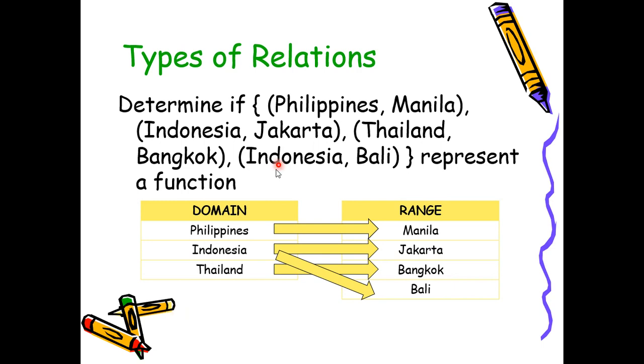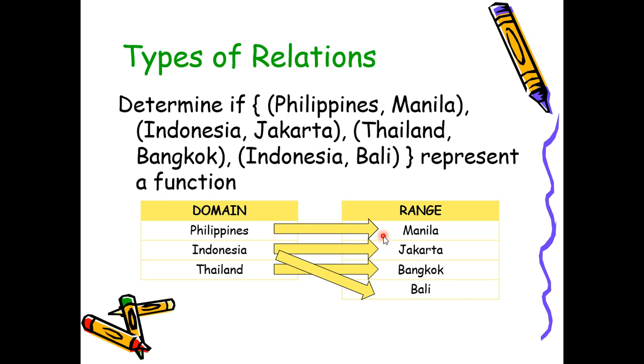Kung mapapansin nyo naman sa example na ito, si Indonesia po, meron siyang dalawang range. Okay? Since meron siyang dalawang range, ano kayang correspondence ito mga anak? Kasi kanina, saktuhan lang, tagi-isa lang sila. Kaya natawag nating 1 to 1. How about po kapag ganito na isang domain, dalawang range?